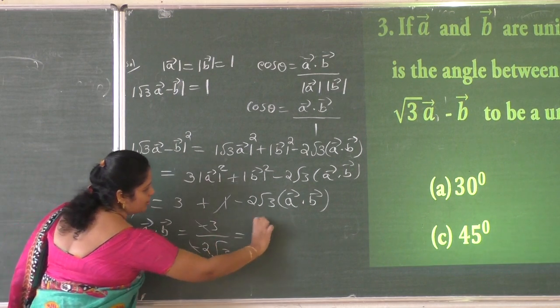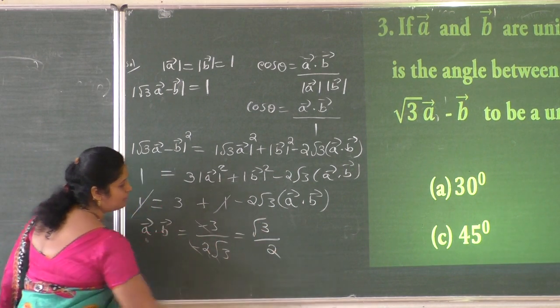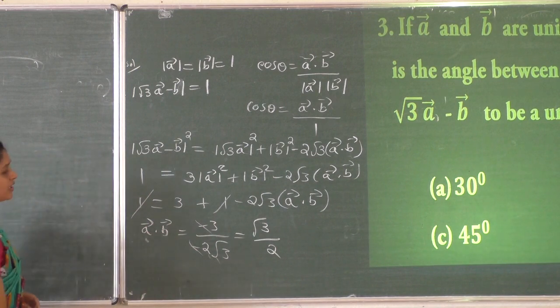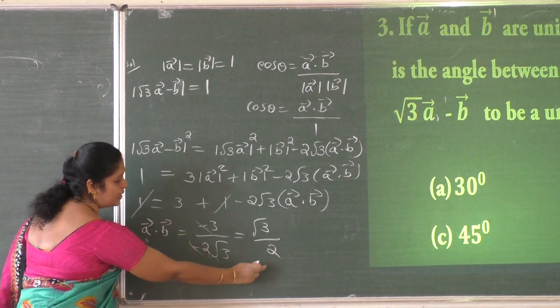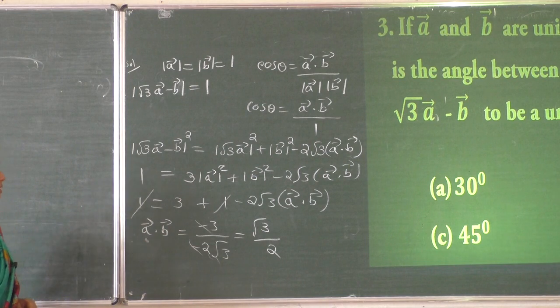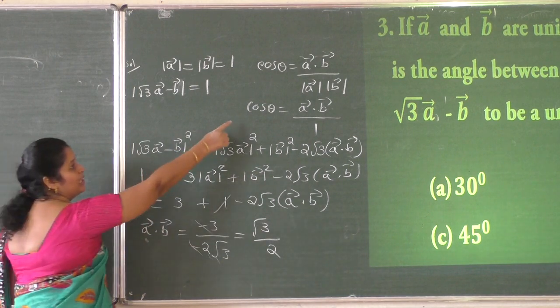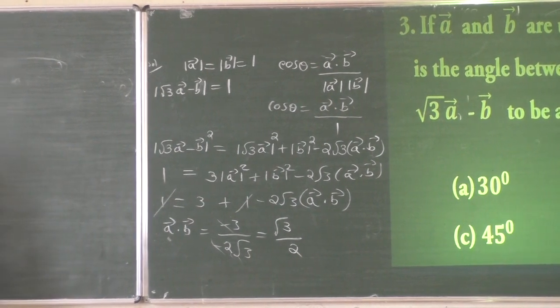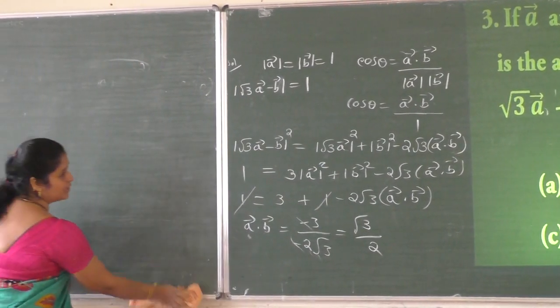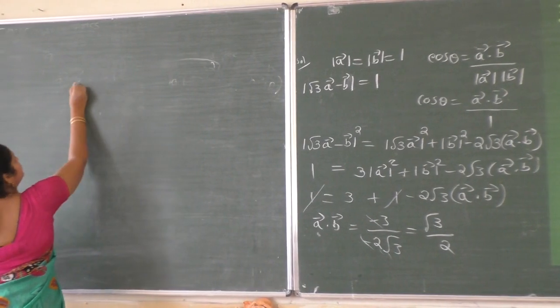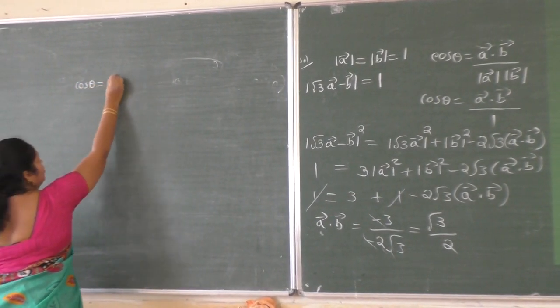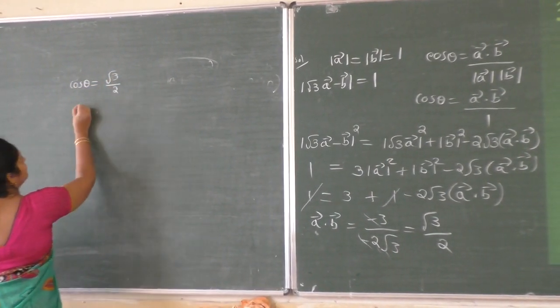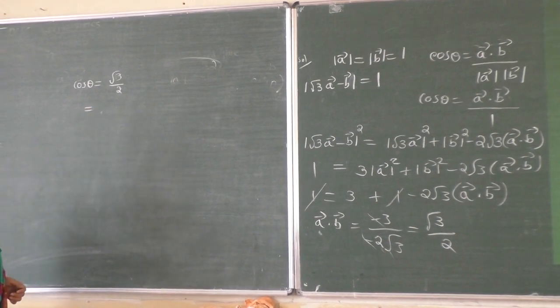Cancelling, we get root 3 by 2. So vector A dot vector B is root 3 by 2. In the formula, cos theta is vector A dot vector B divided by the magnitudes, so cos theta is root 3 by 2.